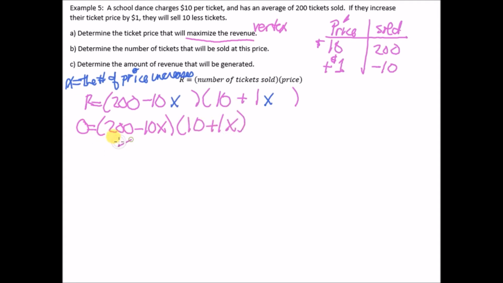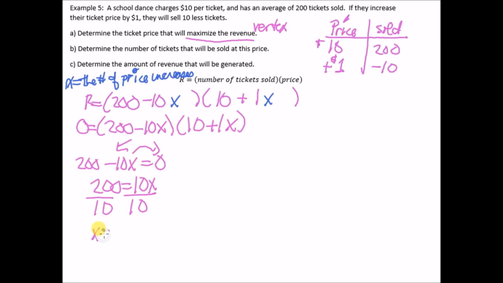Now we can solve for the x's. When does 200 minus 10x equal 0? Bring over the 10x and divide both sides by 10. I get x equals 20, when there are 20 price increases. And on the other side, when does 10 plus 1x equal 0?